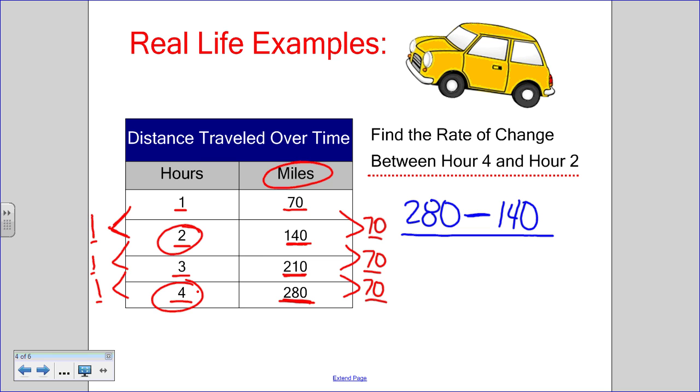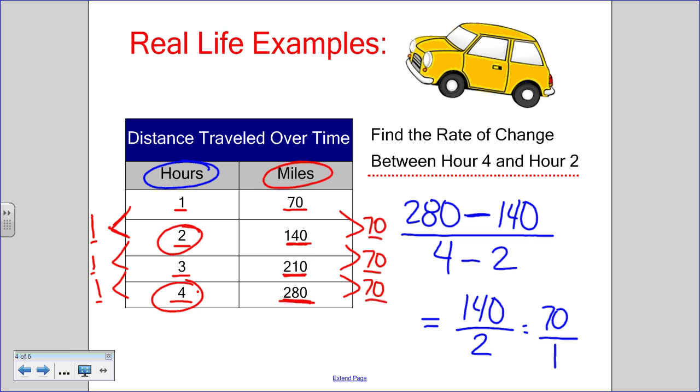Now we look at the change in our horizontal values, or our x values. That would be hours. So we're trying to find the difference from the 4th hour to the 2nd hour. If we subtract these, we get 140 over 2, which simplifies to 70 over 1.